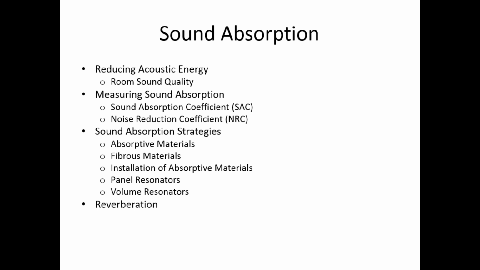Measuring sound absorption coefficient, SAC, the noise reduction coefficient, which we've seen in a number of previous classes, sound absorption strategies, so using absorptive materials, fibrous materials, or porous materials, installation of absorptive materials, panel resonators, and volume resonators, and reverberation.